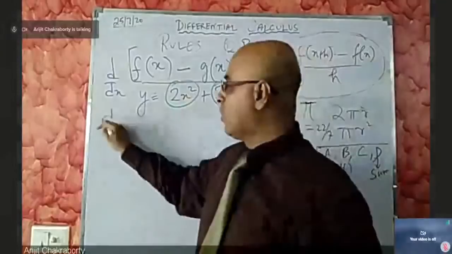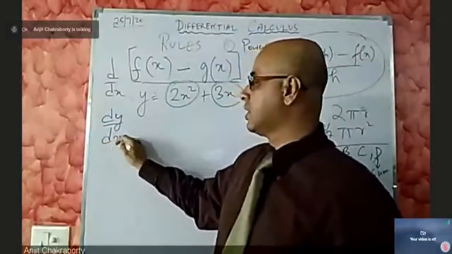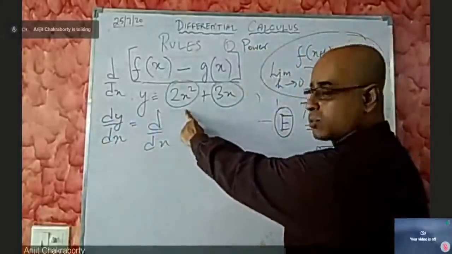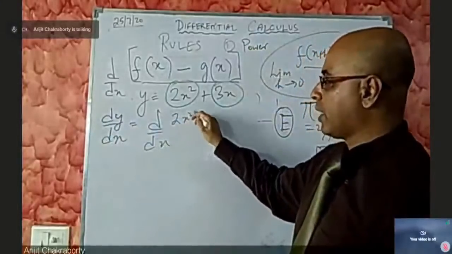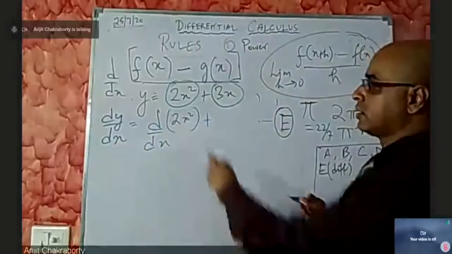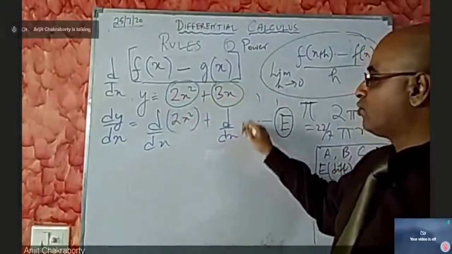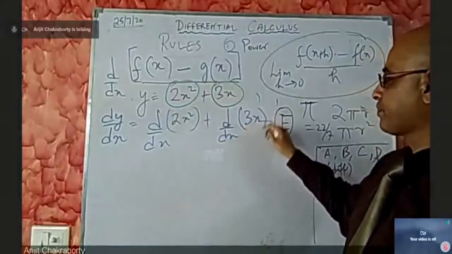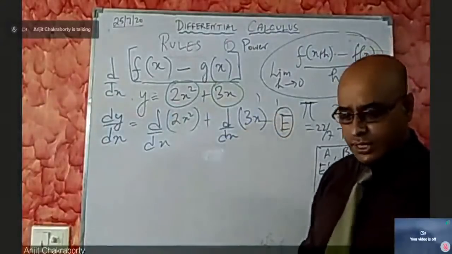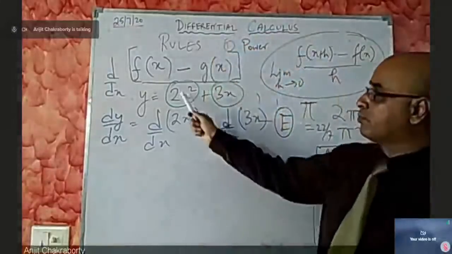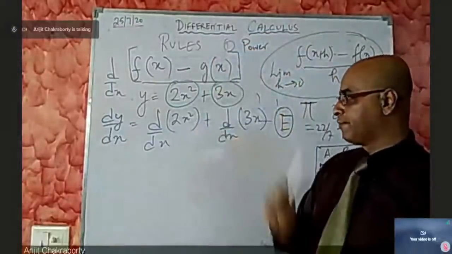So dy by dx is equal to d dx of 2x squared plus d dx of the second function, d dx of 3x. This is by applying the addition rule, where we break up these two separately.